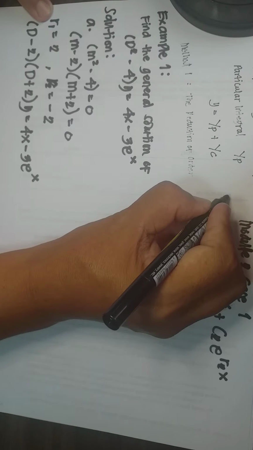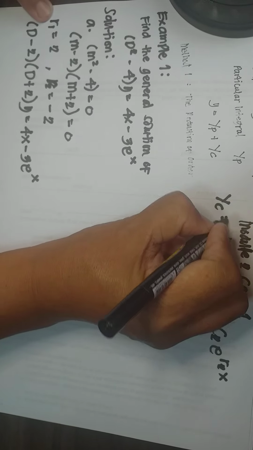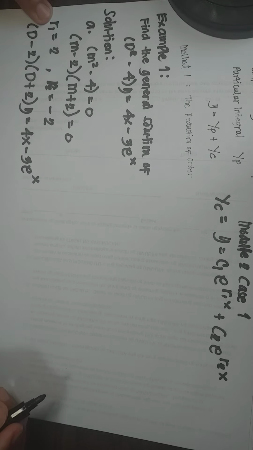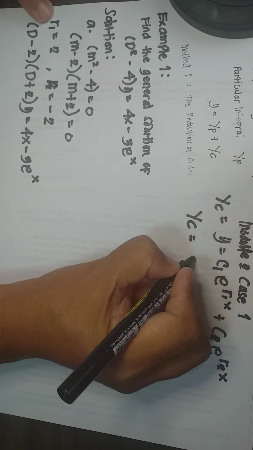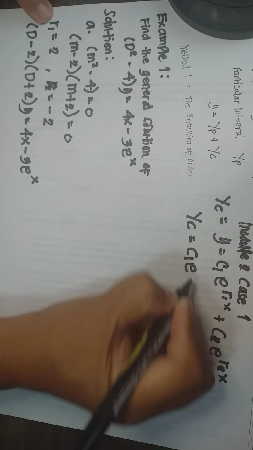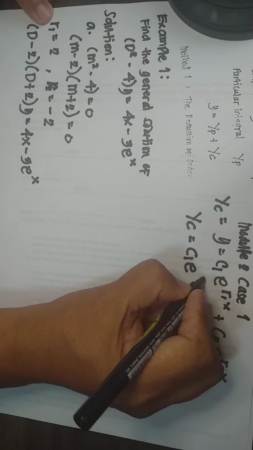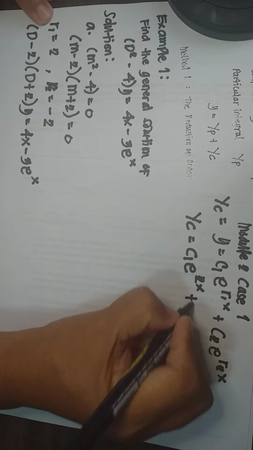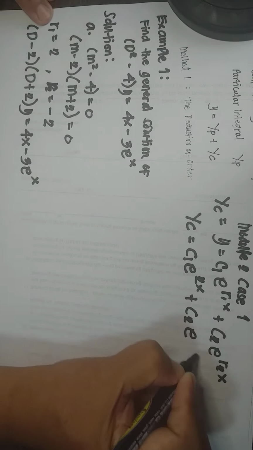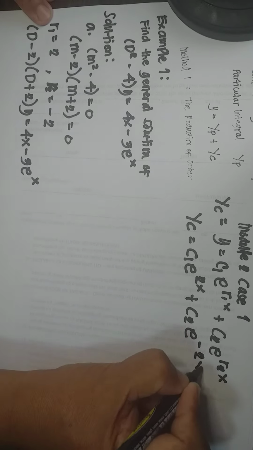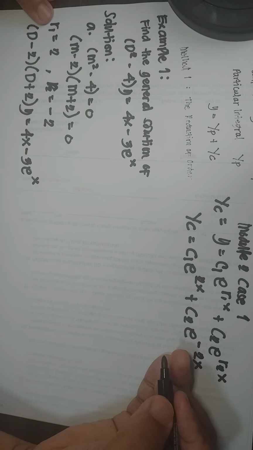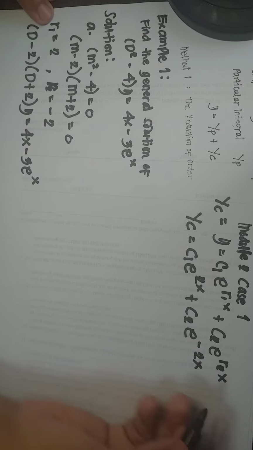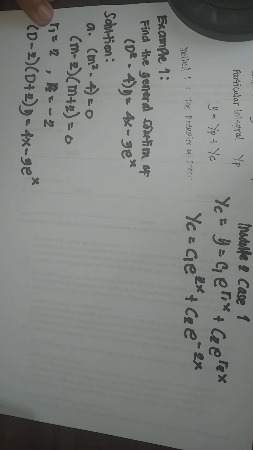Your y is actually equal to yc, therefore we have yc is equal to c sub 1 e to the 2x plus c sub 2 e to the negative 2x. This came from module number 2 on homogeneous, case number 1. That is your yc, so we set aside yc first.